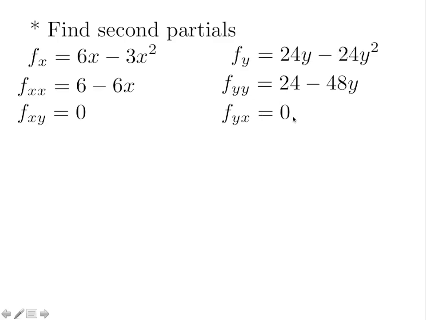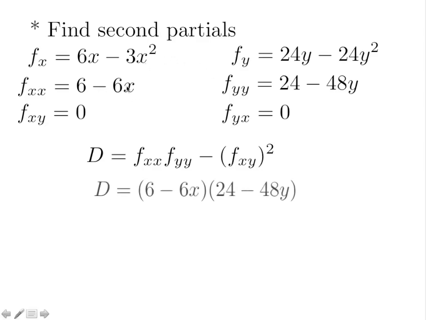Now you use the determinant formula. This is equal to fxx times fyy minus fxy squared. That is 6 minus 6x multiplied by 24 minus 48y, and then minus 0 squared, but I'm not going to write minus 0 squared.